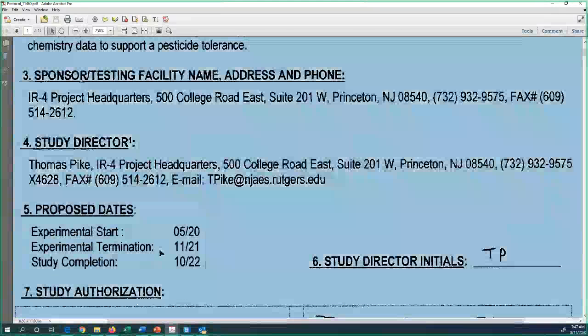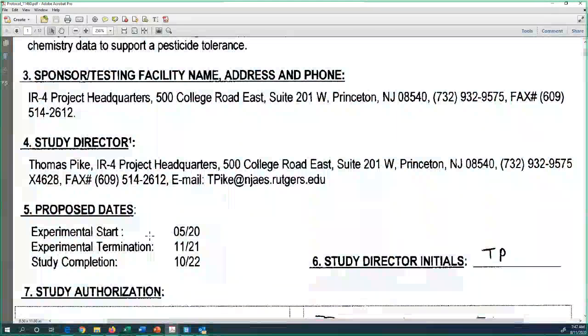And remember, we use the EPA GLP definition. We have the experimental start date. What is this date? Do we know that? The experiment start date is when you spray pesticides on that crop. So that is the start date.